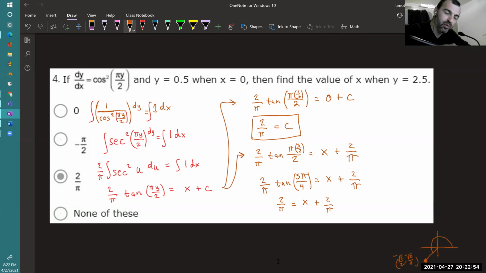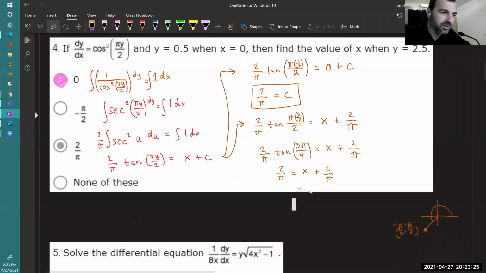Those 2 over pi's cancel. How exciting is this? And looks like x equals 0. Hopefully I got that right. I didn't check the answers beforehand, I should have maybe, but that looks okay. Let's go with that. All right, so x is 0.